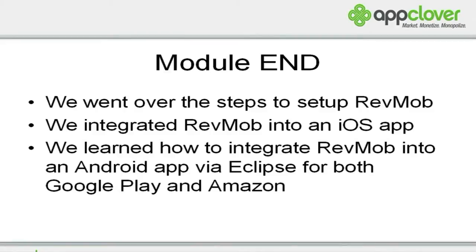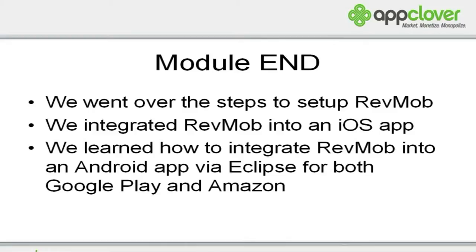We went over the steps to set up RevMob on both iOS and Android. We started off by integrating RevMob into an iOS app, and I showed you that step by step. Then we learned how to integrate RevMob into an Android app via Eclipse for both Google Play and Amazon.